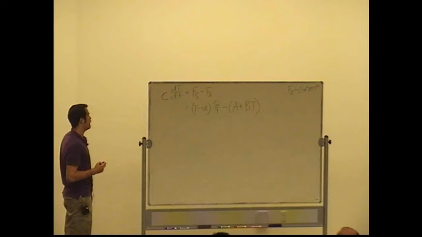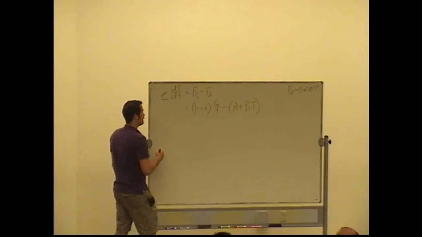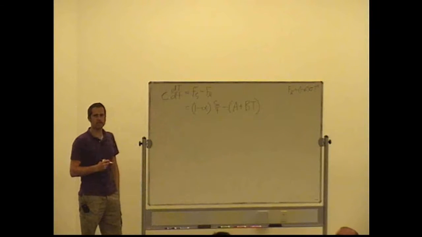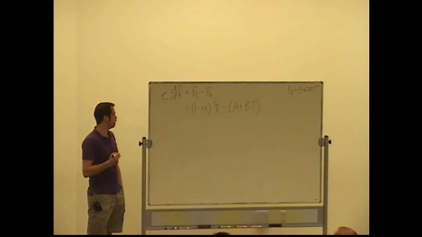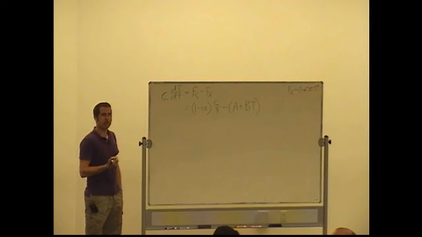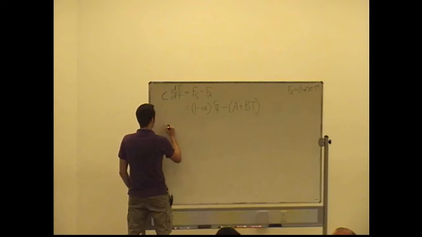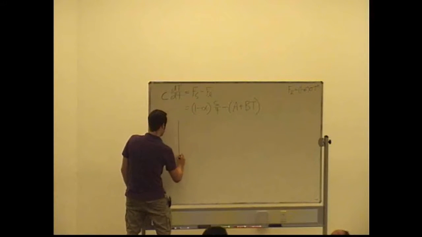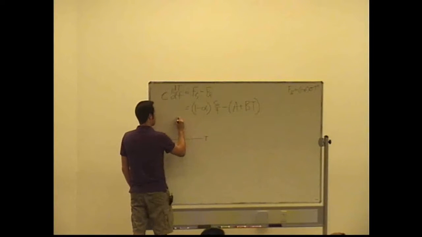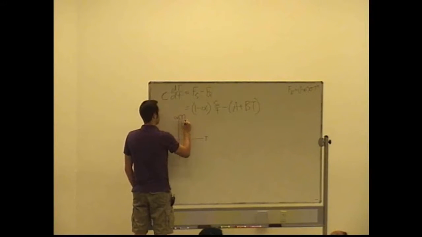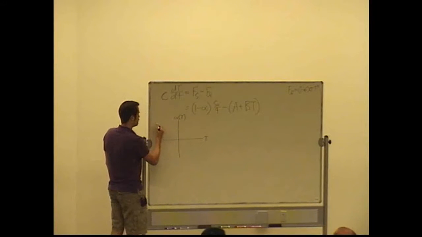This is our planet. And the one key thing is that we're going to include what's called the ice albedo feedback. And so we're going to say that when it gets colder on the planet, you're more likely to have ice, and so you're more likely to have a higher albedo. So if we plot temperature and the albedo, at cold temperatures, it's got some value called alpha cold.